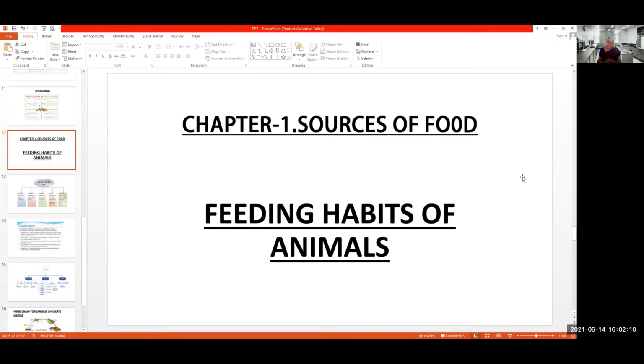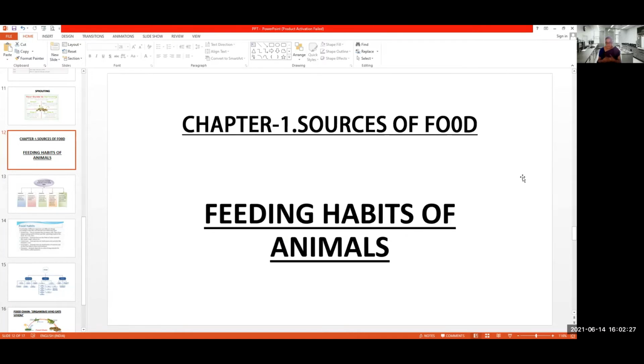You might have learned in 5th standard or in your previous grades that animals can be classified on the basis of their habitat. What do we mean by habitat? Habitat means a living place.